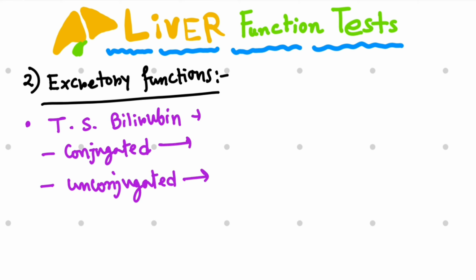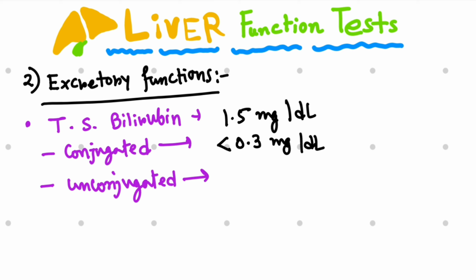The value of total serum bilirubin normally is below 1.5 milligram per deciliter, but for under 18 years of age, it is considered normal when it is under 1 milligram per deciliter. Normal conjugated bilirubin level is less than 0.3 milligram per deciliter, and normal unconjugated or indirect bilirubin level is about 0.2 to 1.2 milligram per deciliter.